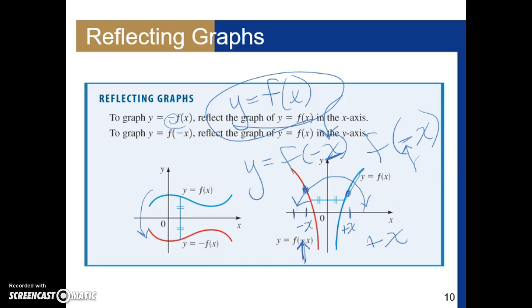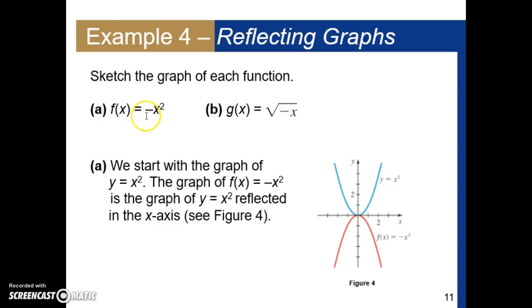So let's look at some examples of that. So here is the parent quadratic function, f of x equals x squared. So I draw x squared, no problem. And when I put the negative in front of it, it says everything that was positive is now negative. So again, just a reflection right over that x-axis.